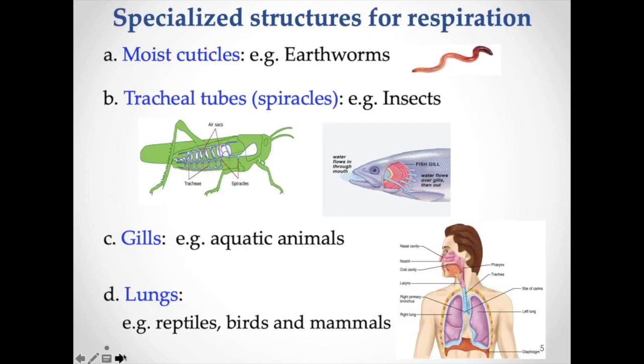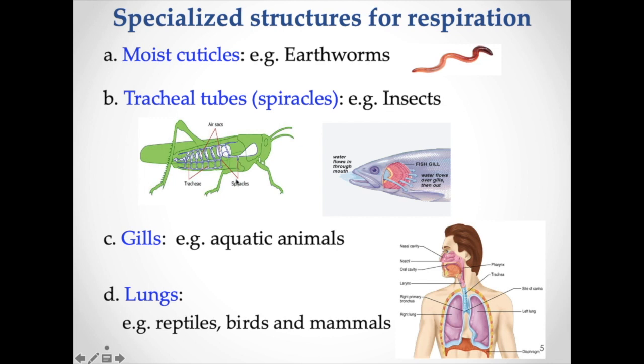Different types of organisms have different types of structures for respiration. The earthworm has an outer layer made up of cuticle, which is above the epidermis. This cuticle layer remains moist. This helps in the exchange of gases between the atmosphere and the tissues of the earthworm.